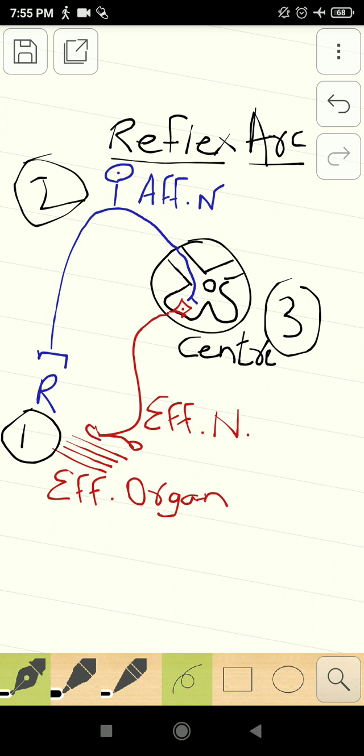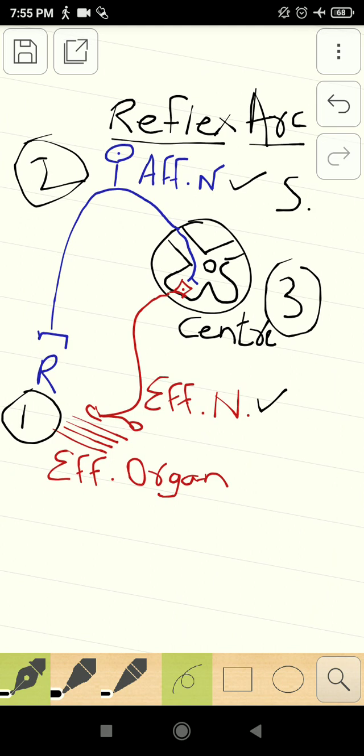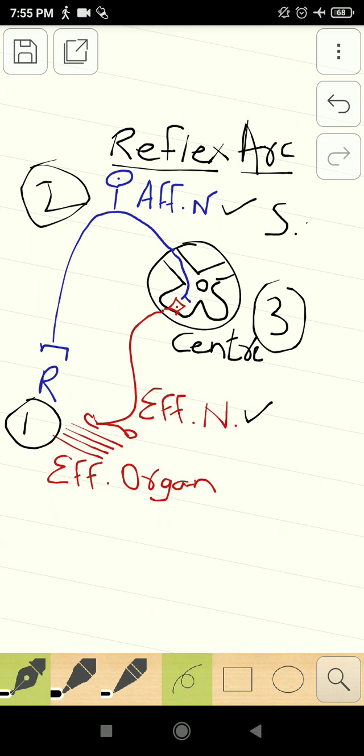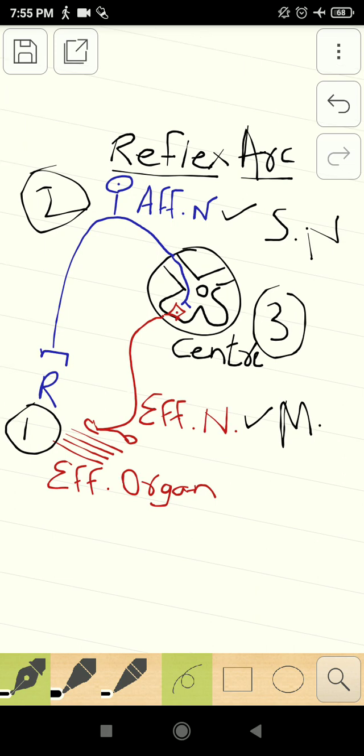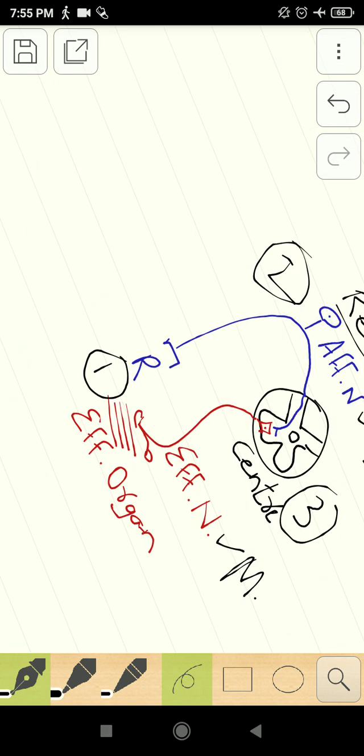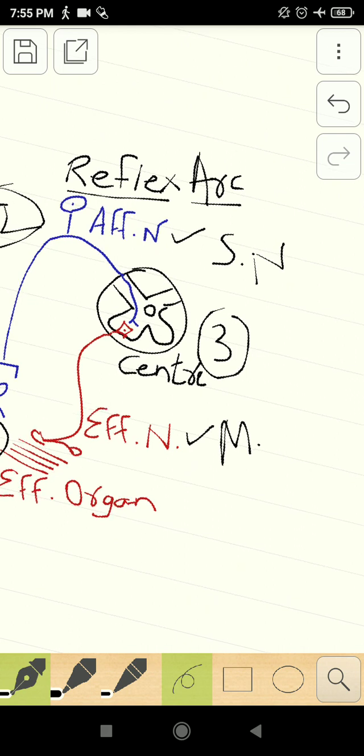The center is usually the spinal cord where there is a synapse between the afferent neuron and the efferent neuron, also called the sensory neuron and the motor neuron. The sensory neuron gives the information to the center, whereas the motor neuron takes the information away from the center. That is the next component. The fourth component is the motor neuron or the efferent neuron.